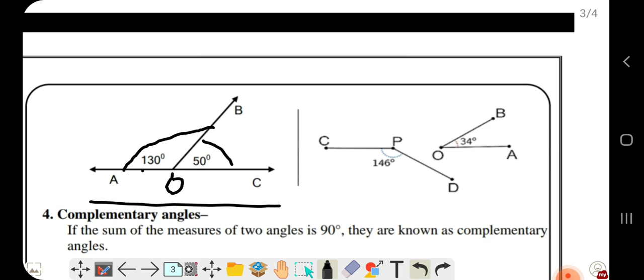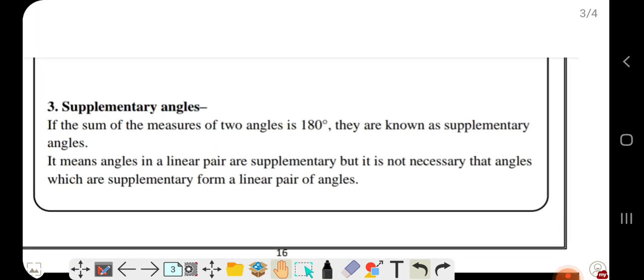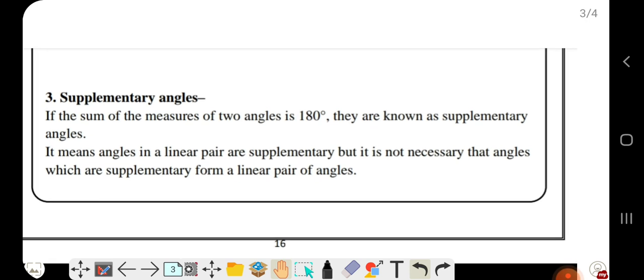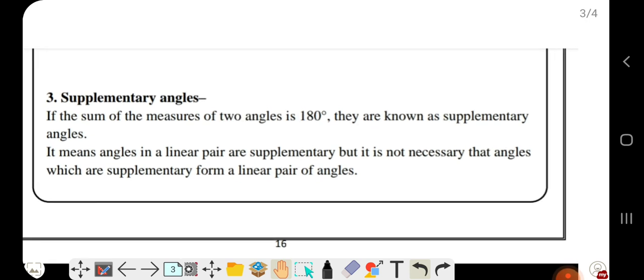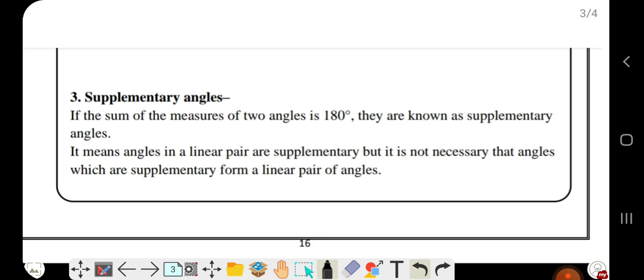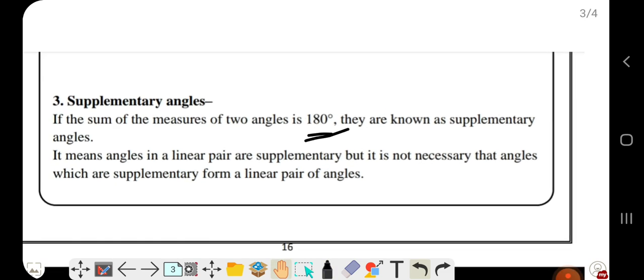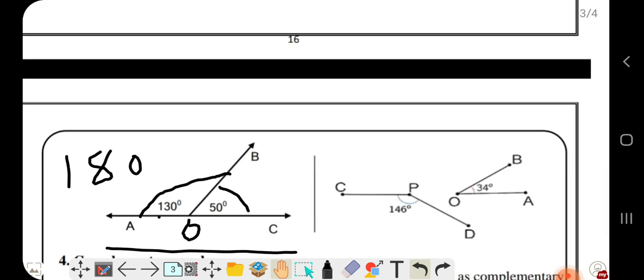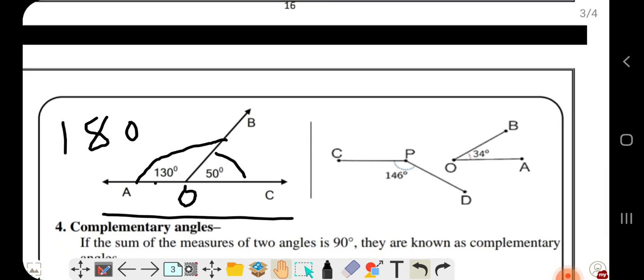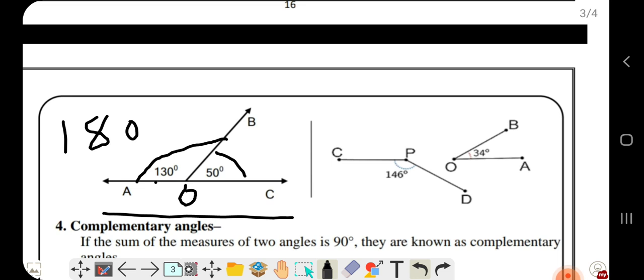So 130 plus 50 is 180. So according to the definition of supplementary angles, if the sum of measures of two angles is 180, these two angles are called supplementary angles.